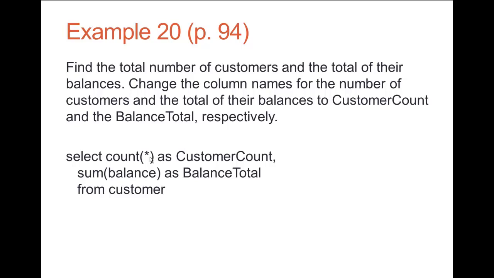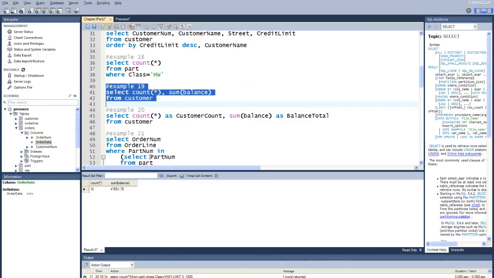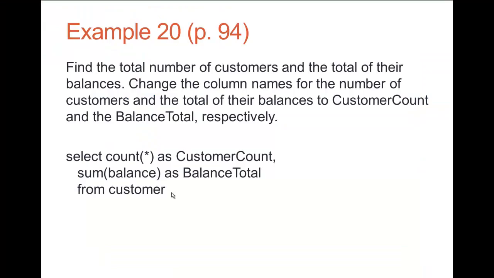Now, before, when I counted, if I looked at my last example, notice that the column heading was count star and the column heading in the balance was sum balance. So really what I'm doing now is there's my count star, but I'm actually naming it customer count. And there's my sum balance, and I'm actually naming it balance total. I thought they wanted us to do an average, but I guess not.